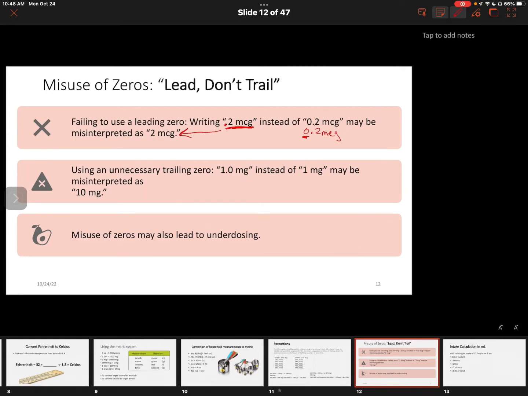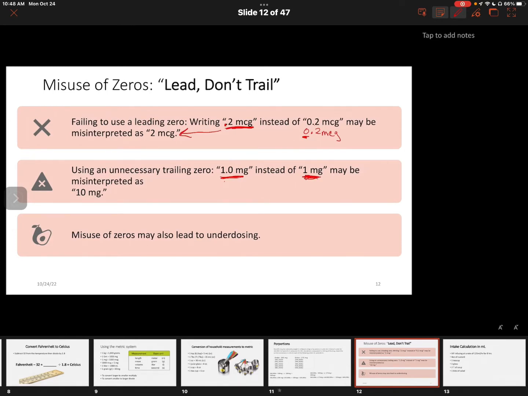Sometimes we come up with answers like this one, 1.0. We do not want to have a trailing 0. So we drop off that 0 and write it exactly as it is in a whole number, which is 1 milligram.